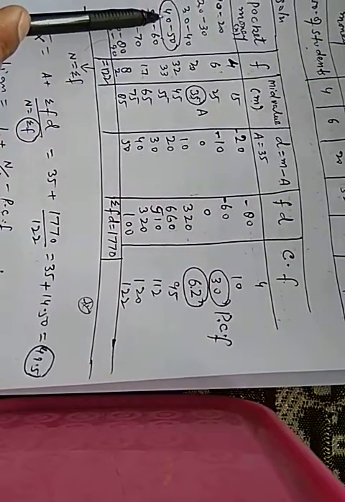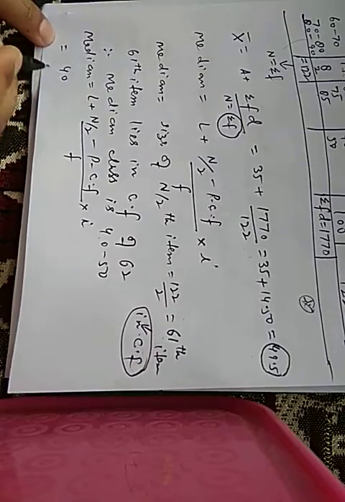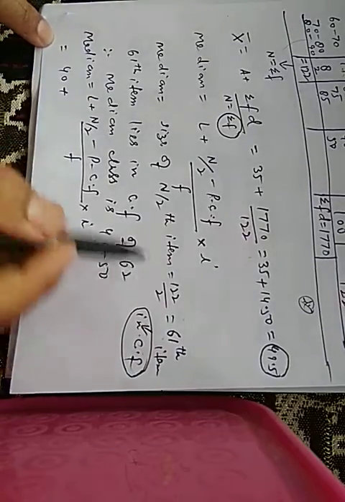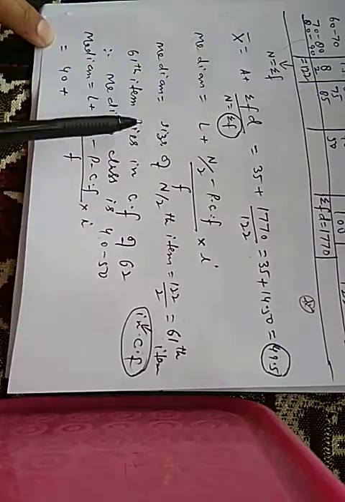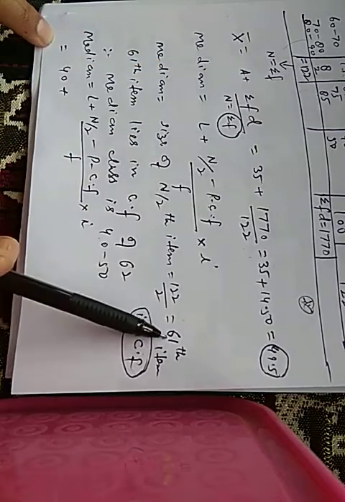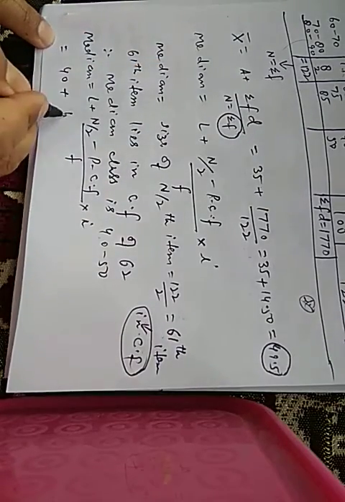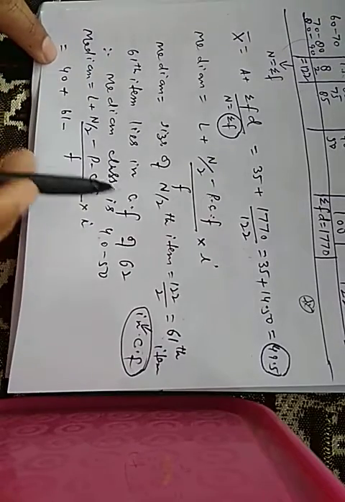The lower limit is 40 and the upper limit is 50. It will be equal to 40 plus n divided by 2, which is 122 divided by 2, equal to 61, minus the preceding cumulative frequency, which is 30.